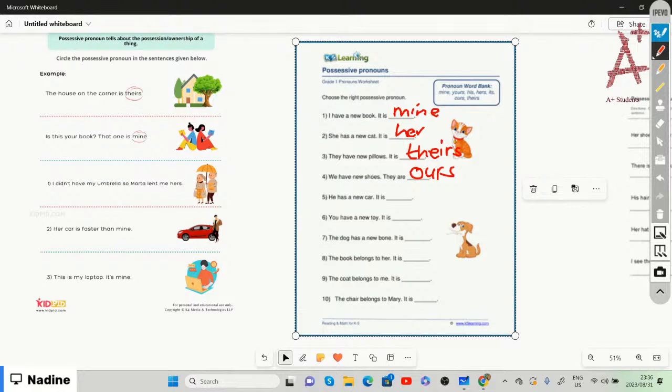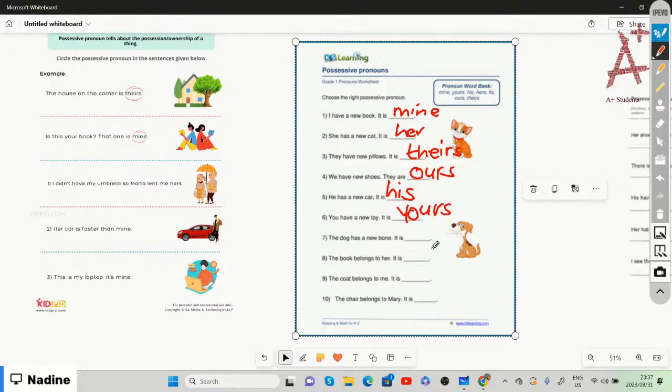He has a new car. So it is his new car. And you have a new toy.